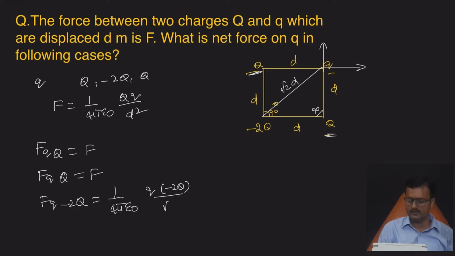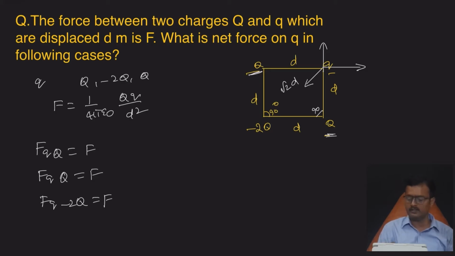The distance is root 2 d. So 1 by 4 pi epsilon naught minus 2Q into Q by root 2 d whole square, that is 2d square. The 2 cancels. For the direction, I want only the magnitude. So what is the magnitude of this force? That is F. Minus Q attracts the Q along its side.